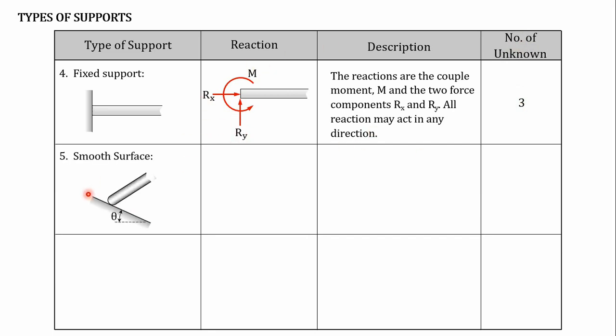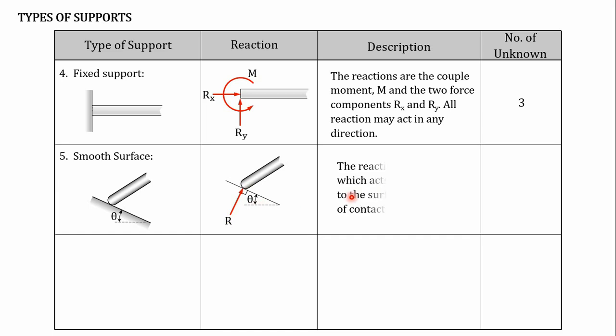Panglima class is may tinatawag tayo na smooth surface. Kapag smooth surface class, talagang touch lang siya sa surface. Ito yon. Kapag nag-free body diagram tayo ng bar na yan class, at i-draw natin yung reaction niya, ito yon.